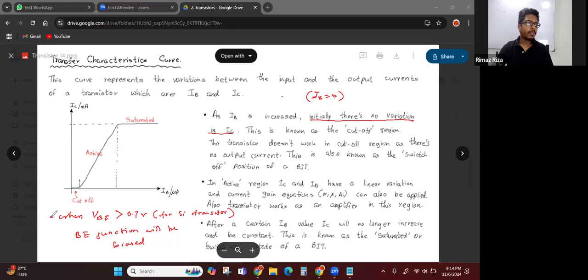By the way, before this point, I want to say this. We wrote: initially there is no variation of IC because the BE junction is not biased. In brackets we wrote IB equals 0. There we had to mention this is known as the cutoff region.